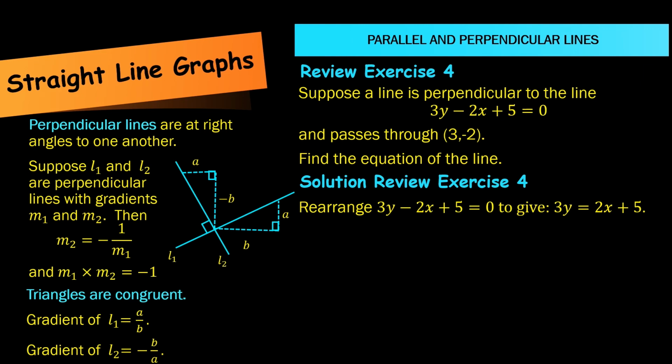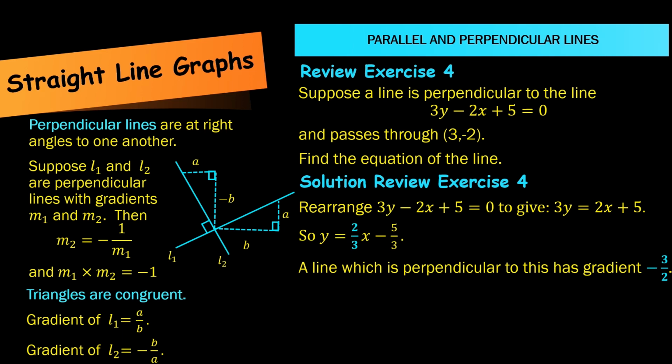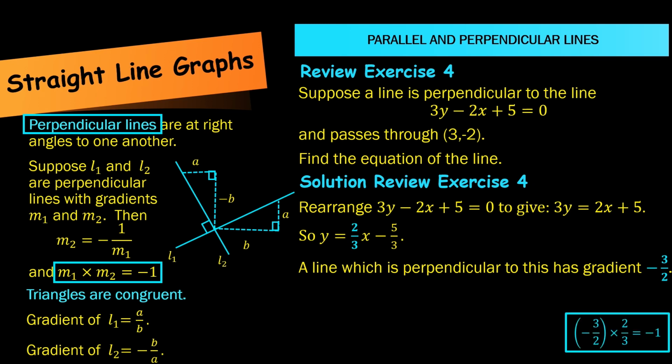Rearranging 3y minus 2x plus 5 equals 0 gives us 3y equals 2x plus 5. So y equals 2/3 x minus 5 over 3. A line which is perpendicular to this has gradient minus 3 over 2, since the two gradients multiplied by each other give minus 1.